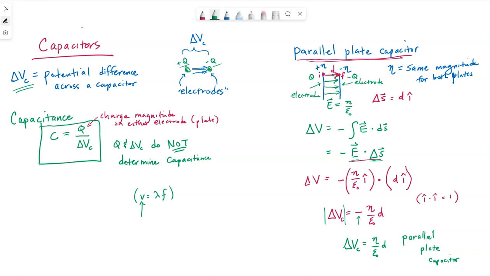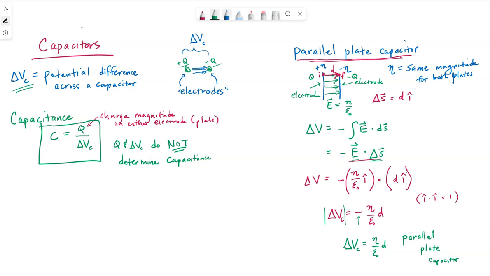So we have a situation here where the capacitance is not determined by charge or delta V. It is true that if I know Q and delta V for a particular capacitor, then I can certainly use the values to calculate C that way. But I cannot change Q or delta V and expect C, the capacitance, to change.